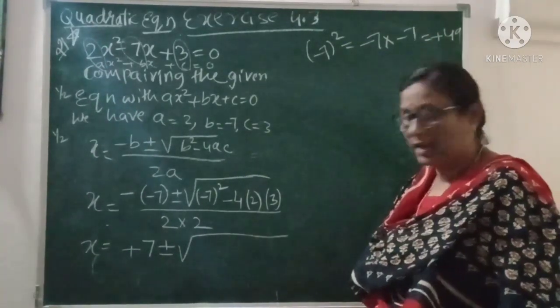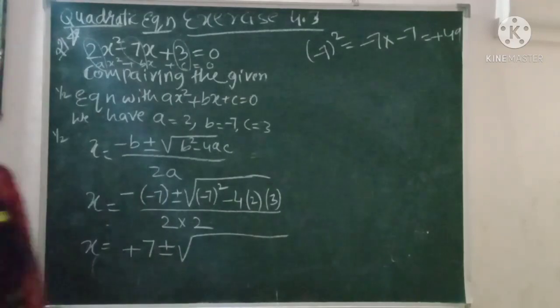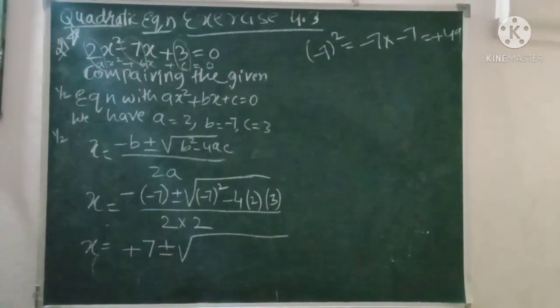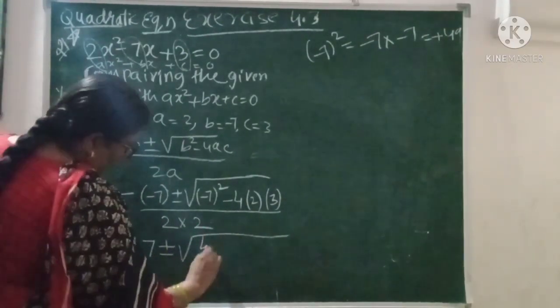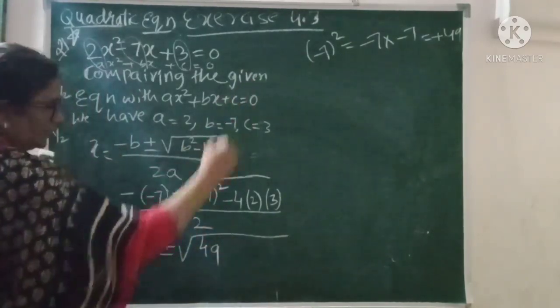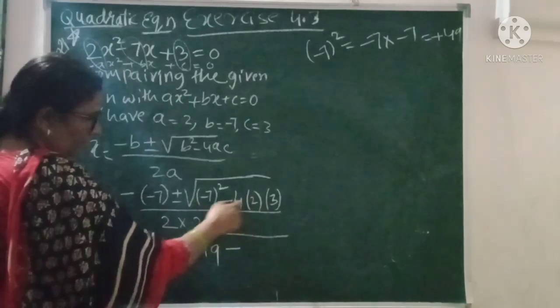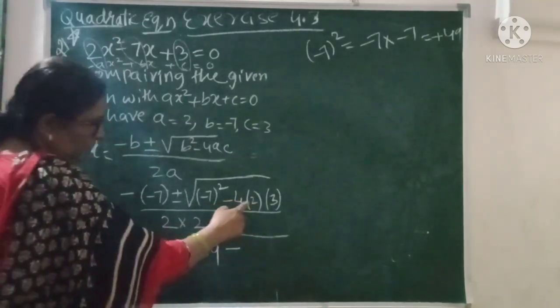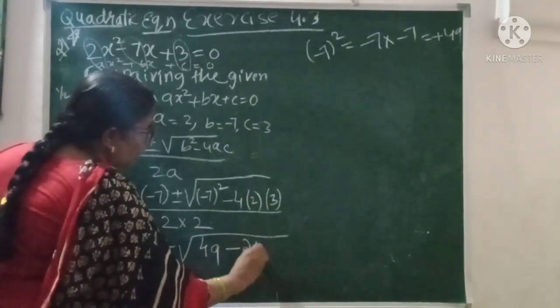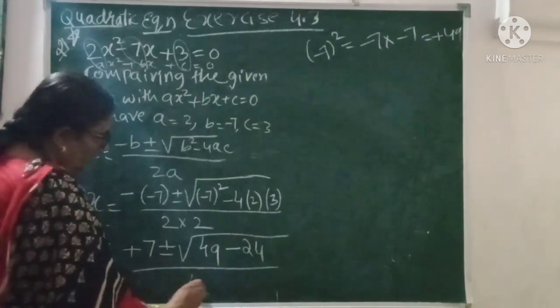Then 4 times 2 is 8, 8 times 3 is 24, divided by 2 times 2 is 4.